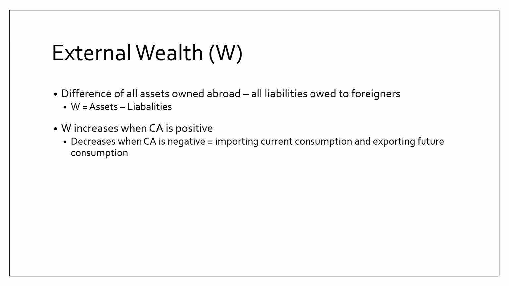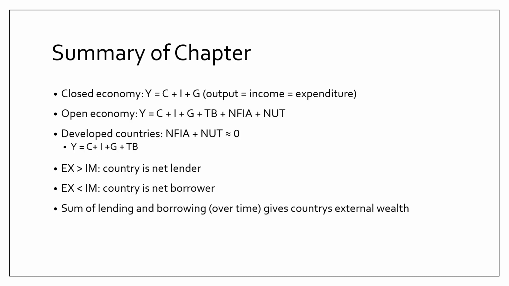A country with a CA deficit is importing current consumption and exporting future consumption. Summary of Chapter 1. If exports are larger than imports, the country is a net lender. If exports are smaller than imports, the country is a net borrower. The sum of lending and borrowing over time gives a country's external wealth.